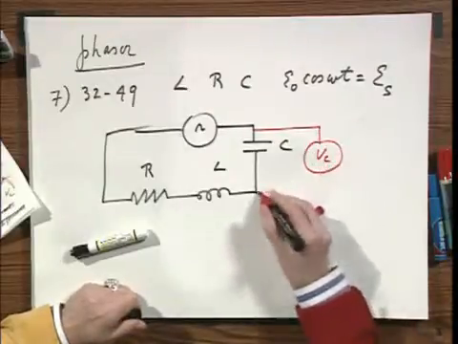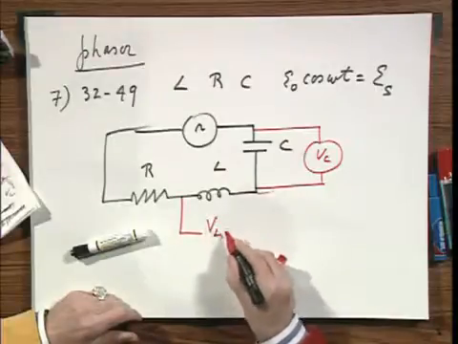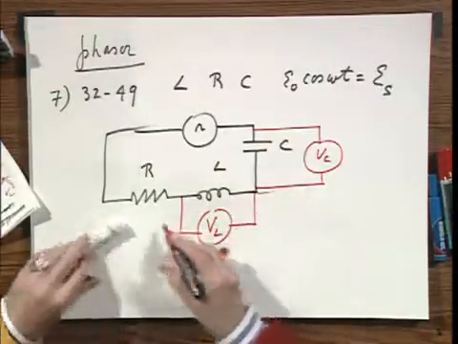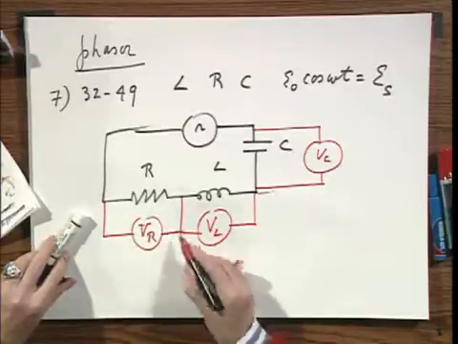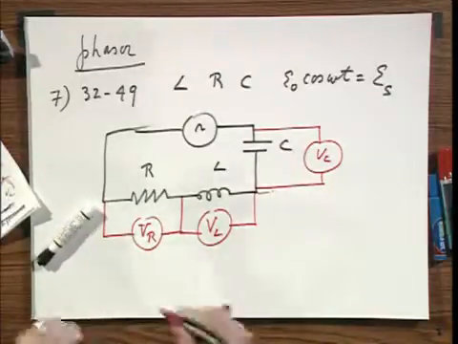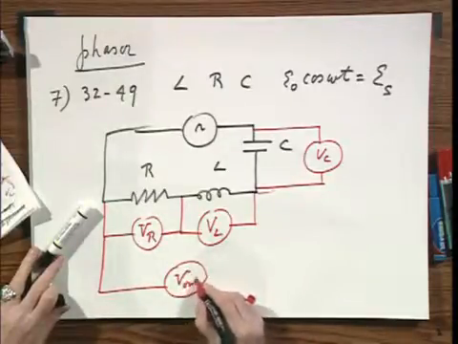Nothing is new now. We've seen this now several times. I'm going to put a voltmeter VL over here. And I'm going to put a voltmeter over here. And now I also am going to put a voltmeter over here, which the authors call V out.